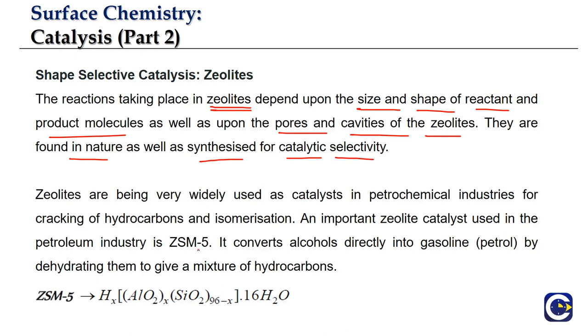One of the common zeolites is ZSM5, which is a commercial name, an aluminosilicate with 16 water molecules. The zeolites that we use widely are particularly in the petrochemical industries, where they will catalyze the cracking of hydrocarbons and isomerization reactions.